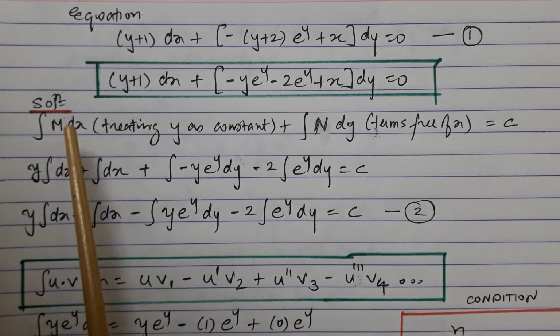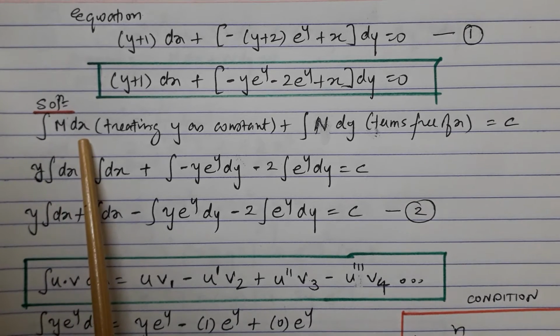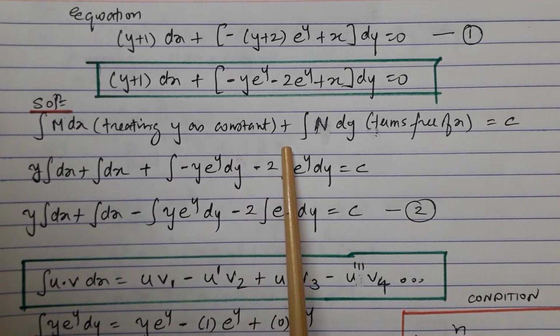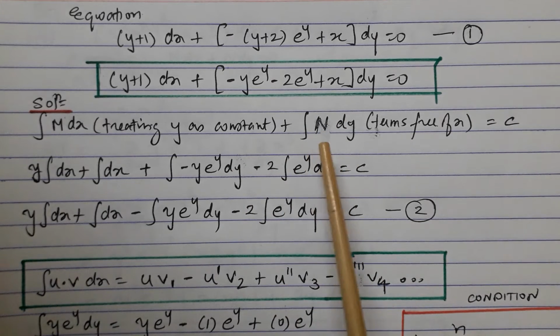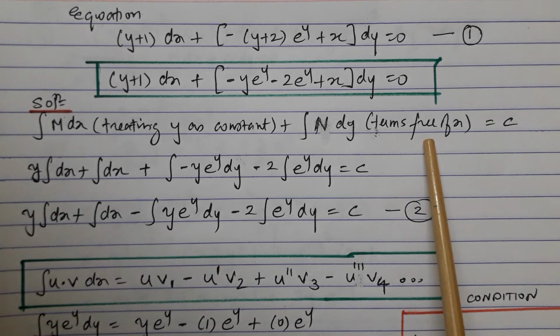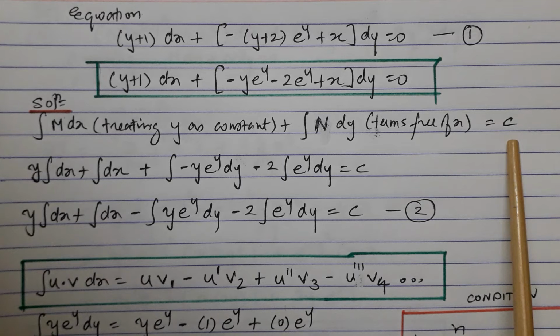Now the solution of this differential equation is integral of M dx treating y as a constant plus integral of N dy, and only integrating those terms which are free of x, is equal to c, where c is some constant.